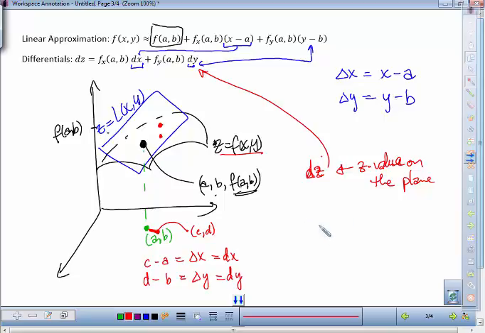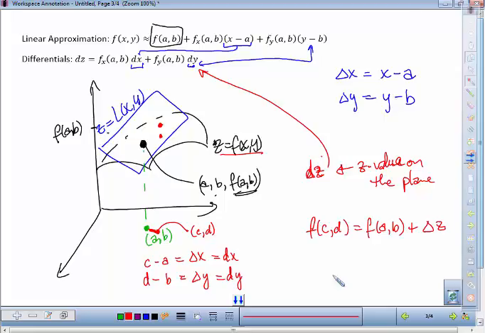Your f of CD is equal to f of AB plus delta z. That term didn't disappear, it just moved to the other side.